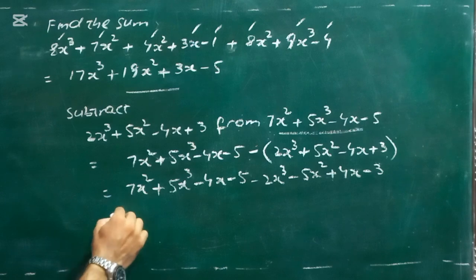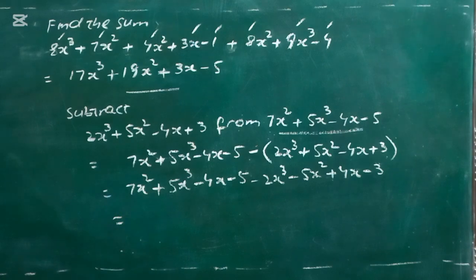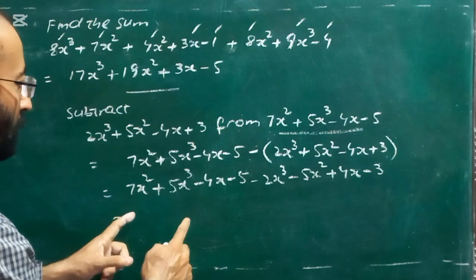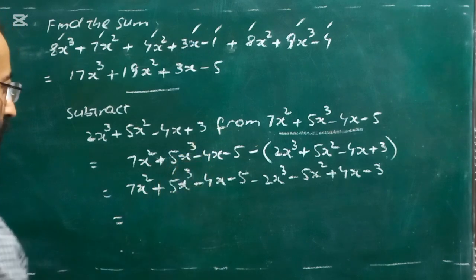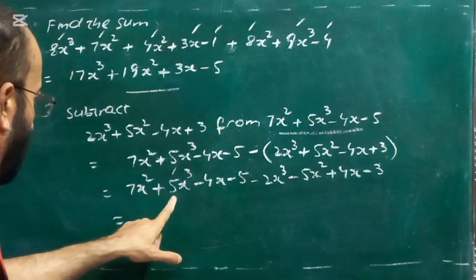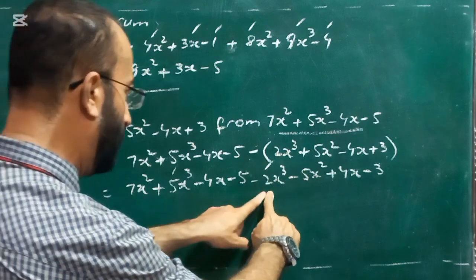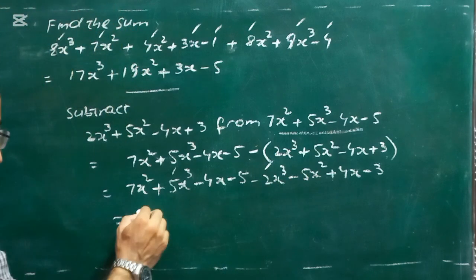So at this step, respective values will be solved. First, we will solve the maximum variable. So x cube values will be solved first. So 5 minus 2 will be 3. So 3x cube.